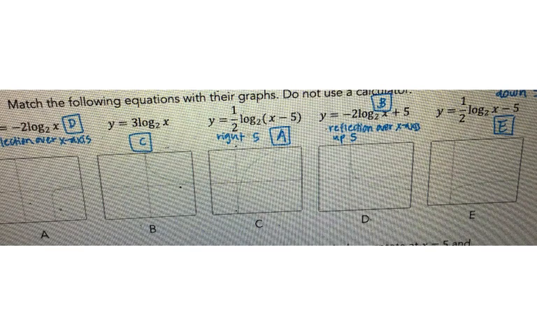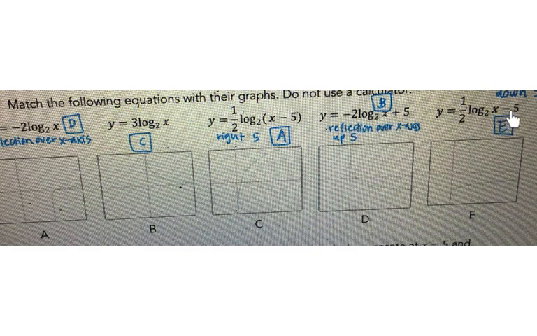Here you're matching graphs with their transformations. So again, the ones that to me would be the easiest to find are these where we're shifting the graph. This one's shifting the graph up 5, and then it's being reflected.